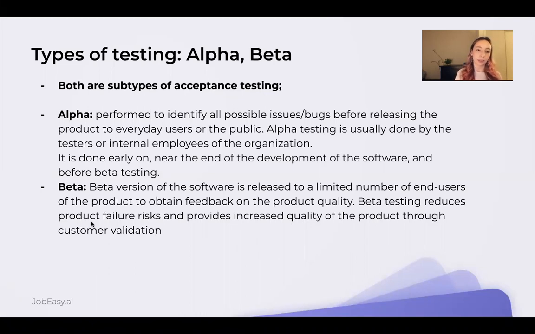Now, beta testing. So sometimes when we release the product, we are again not sure if the product is good or not, what is the quality of the product, and especially if our company has a huge pool of users, we actually want to have a larger audience that will test for us.